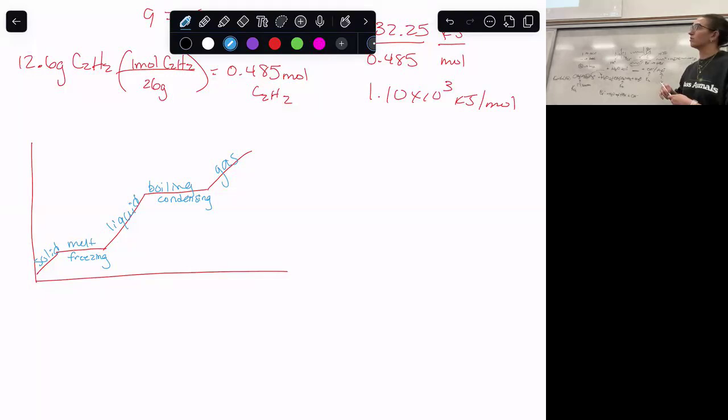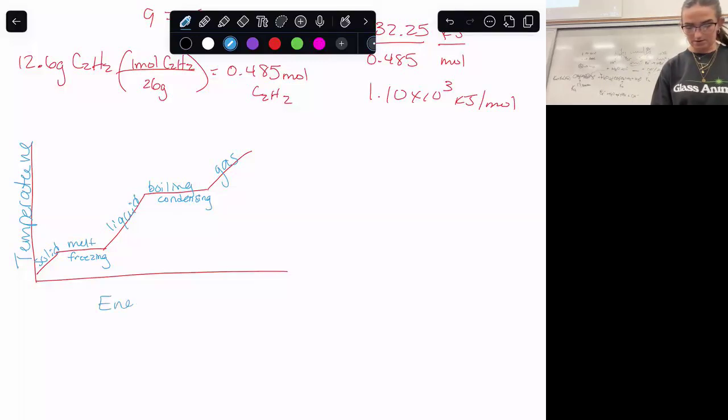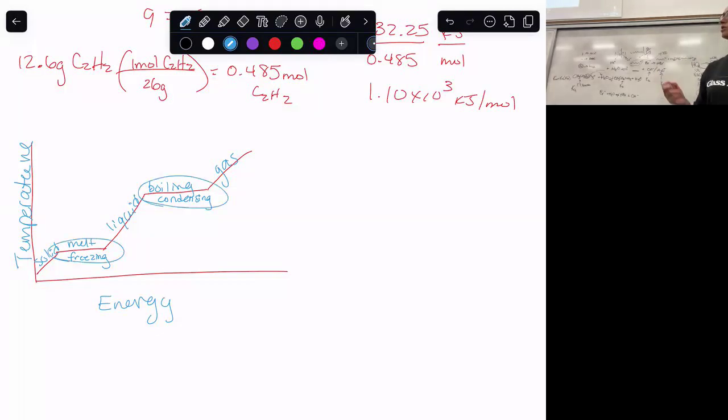Okay, so this is temperature, and this is energy. What you notice is that on your phase changes, you have no change in temperature.